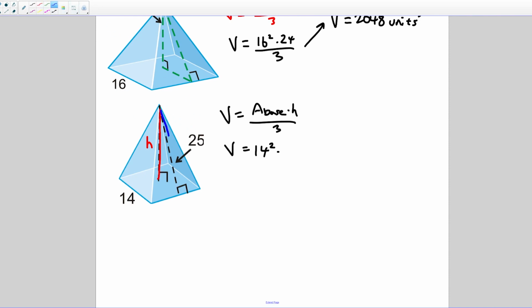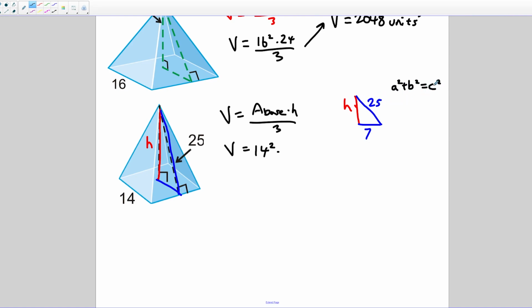So what we're actually going to do is we just need to use the Pythagorean theorem as per usual. And I'm just going to do that here on the side. So I've got my blue portions, and then I've got the red one, which we'll call h. I know that this is my slant height of 25. This bottom side, because I know that the full length is 14, then this from the middle to the end has to be 7. So using the Pythagorean theorem, I know I've got a squared plus b squared is equal to c squared.